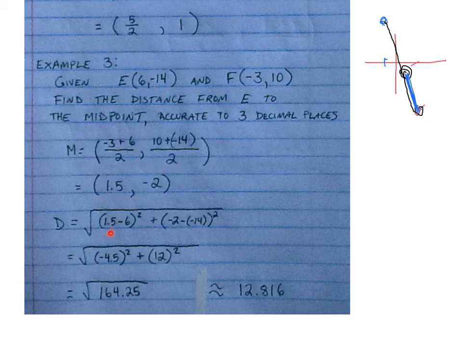So my x2 is 1.5, and my x1 is 6. My y2 is -2, and my y1 is -14. I carry out all of the steps following order of operations, and I wind up arriving at the square root of 164.25, which if I approximate it to 3 decimal places should equal 12.816.